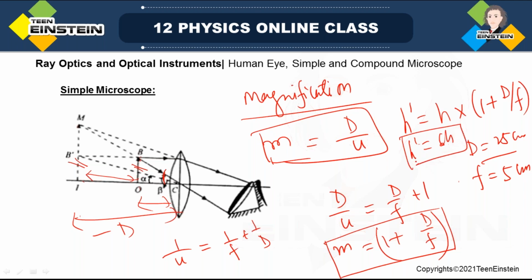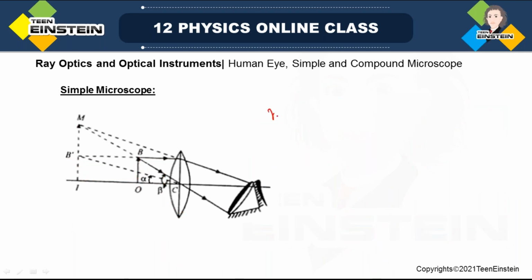So it will be 6 times if the focal length is 5. So in this case, the magnification we have got is 1 plus D by F.